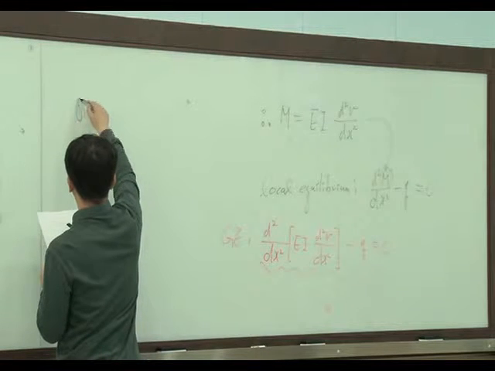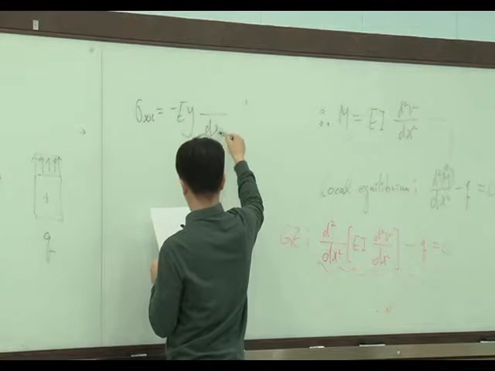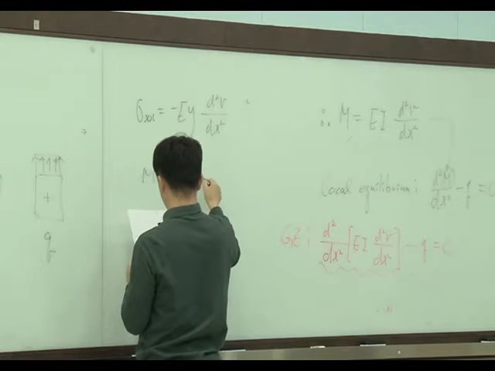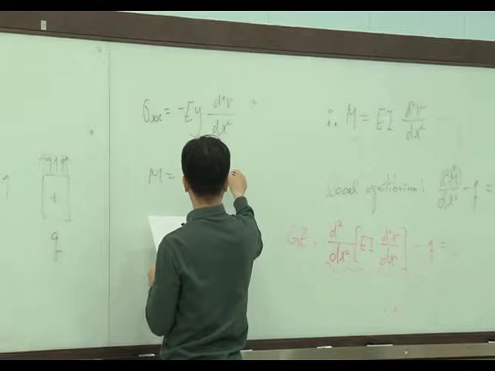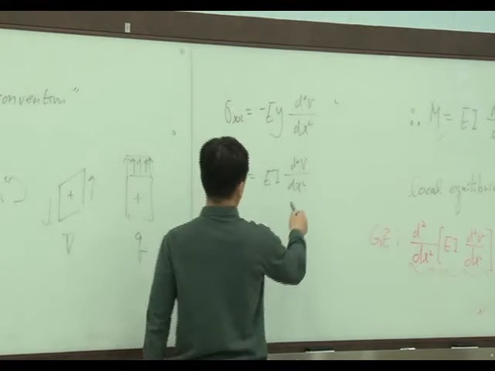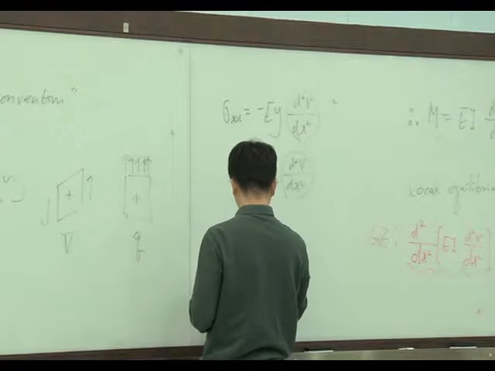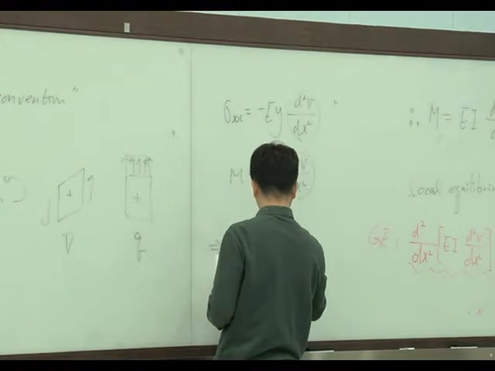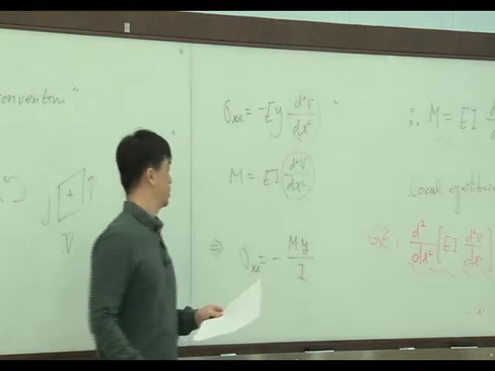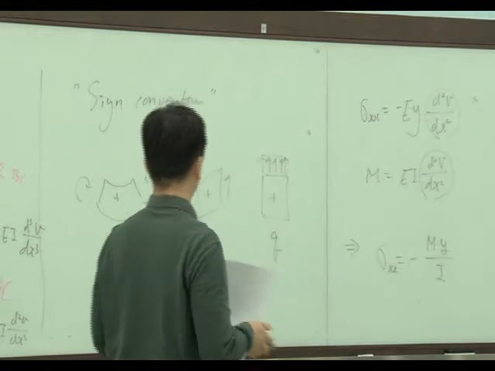So stress xx equals minus E y d²v/dx², and M equals EI d²v/dx². I already gave you this before, and because these two are the same, from both equations we can derive stress xx equals minus M y over I. So from the cross-sectional moment, we can calculate all the stress on the cross-section.